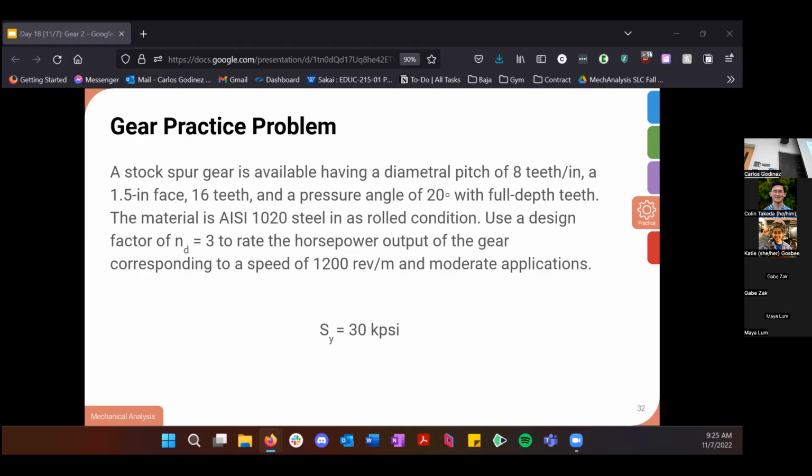This one, for bending, the Lewis form factor or the Lewis bending equations, is an adaptation of the bending stress we spent a lot of weeks talking about, like My over I. We assume our gear tooth is all of a sudden a cantilever beam with a fixed surface, and the majority of my stress comes from the bending stress of the force along that.